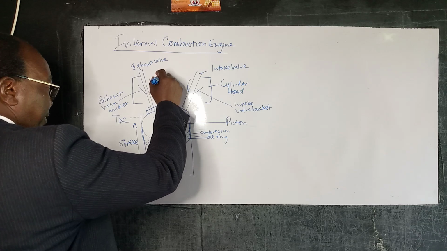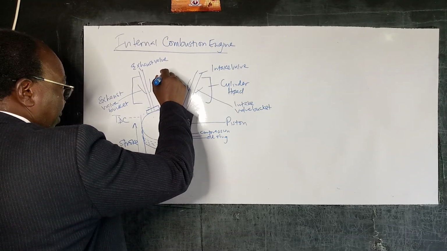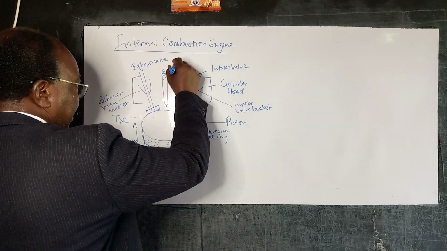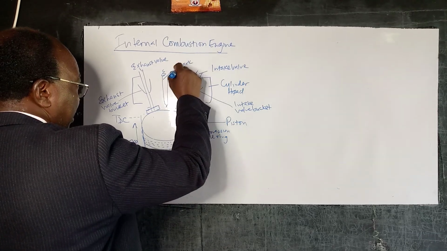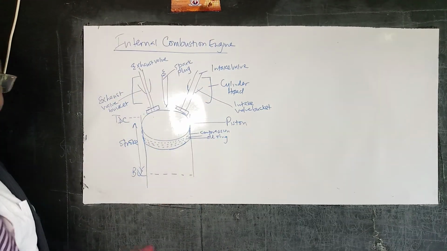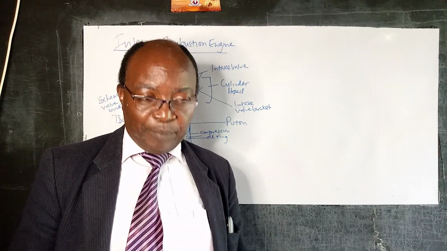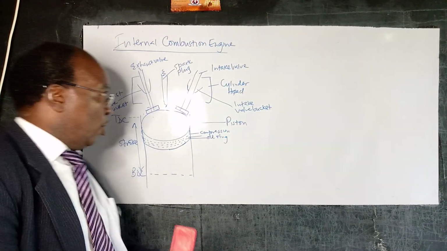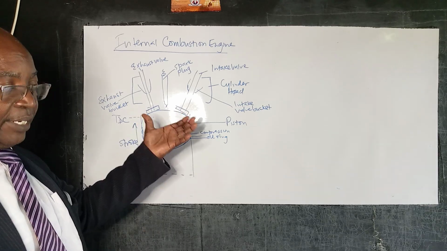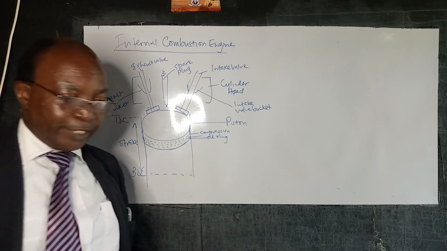And we can have a spark plug. That will be the case in spark ignition engines. But you also have the diesel engines where the gas is compressed and then you inject fuel. Because of the high temperatures, combustion starts.